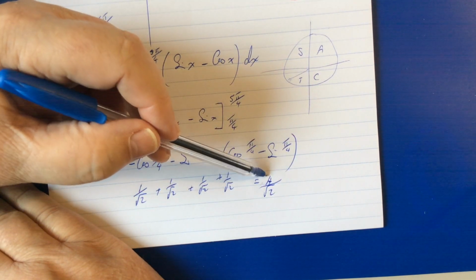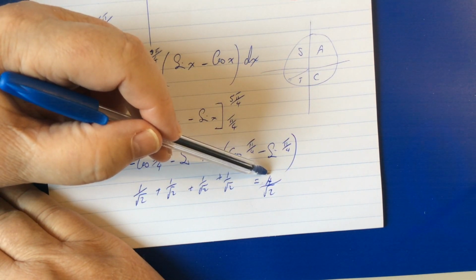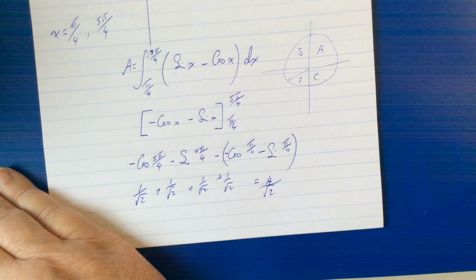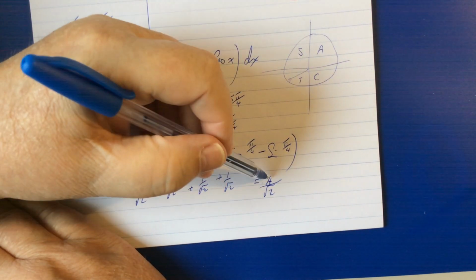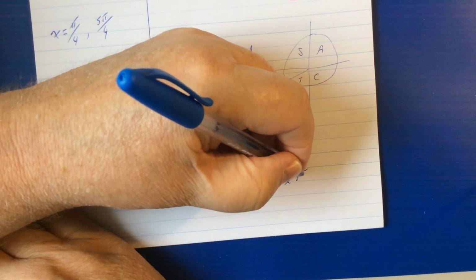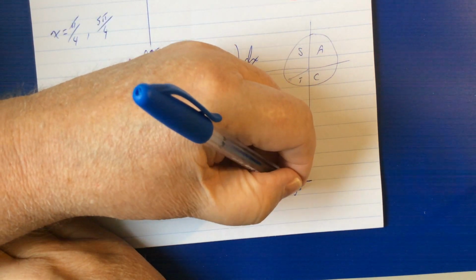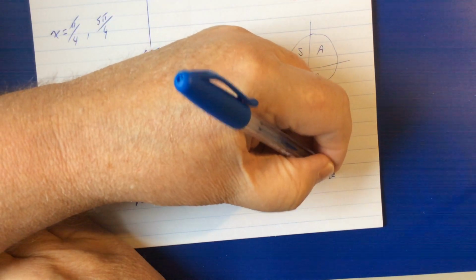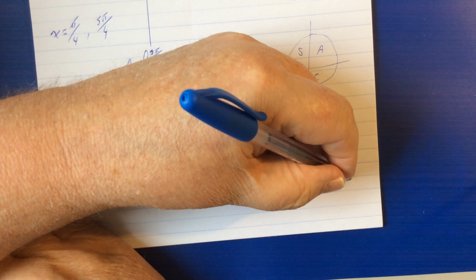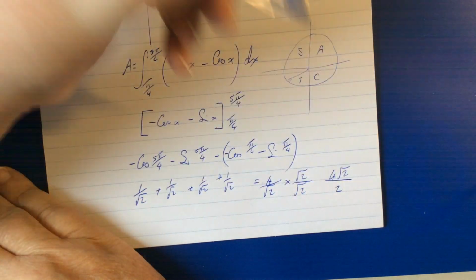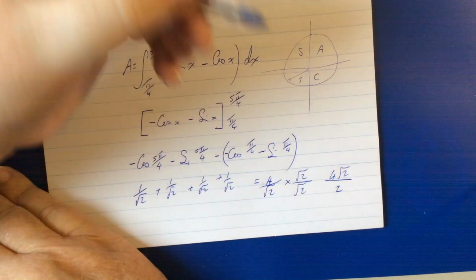The question is, can we simplify this in some way? I think this is a reasonably respectable answer, but yes, we can rationalize this denominator. So let's go ahead and do that. So what we get there is 4 root 2 on 2, which if we divide 4 by 2, we get 2.